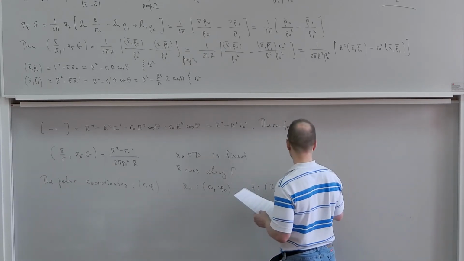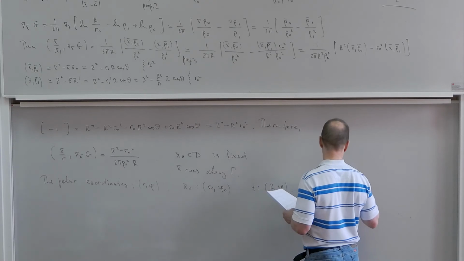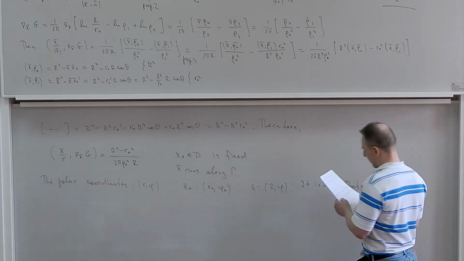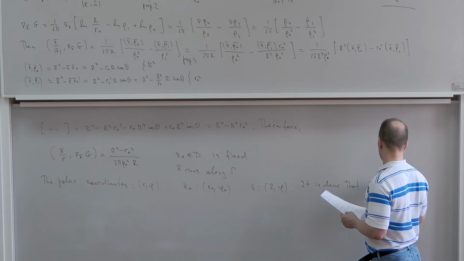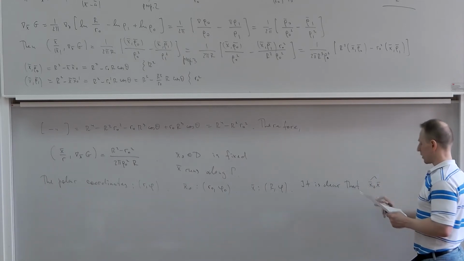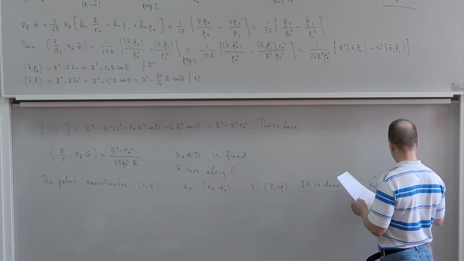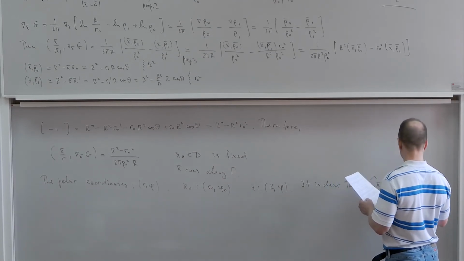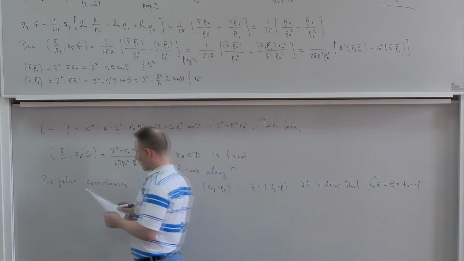It's clear that the angle between the two vectors x0 and x is equal to theta, and it is equal to phi0 minus phi.